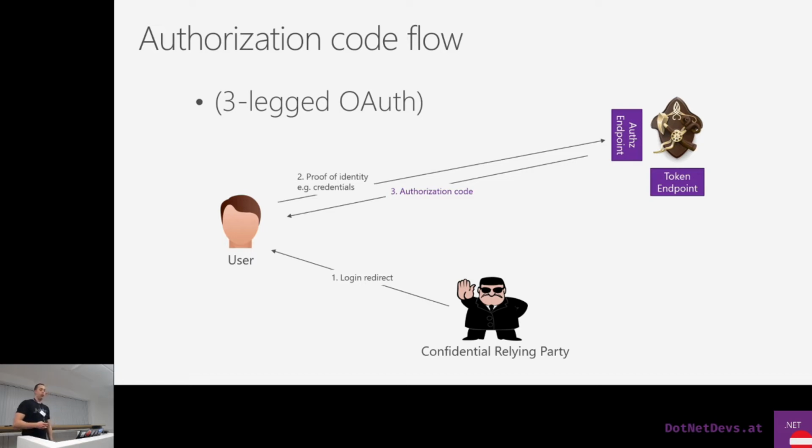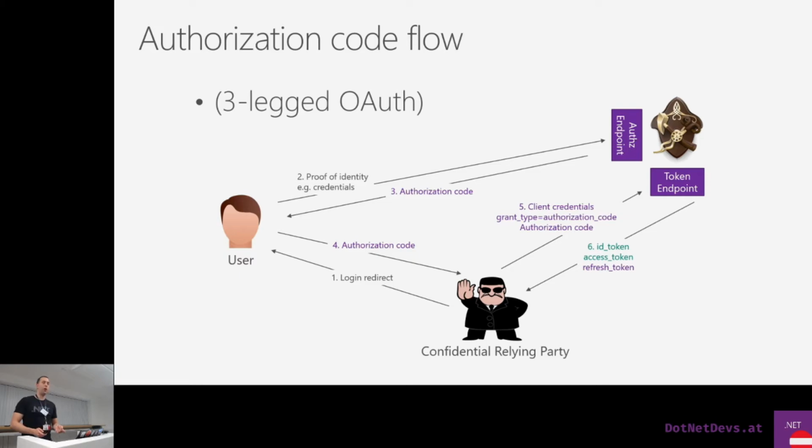Then the authorization endpoint gives back this authorization code, but the user can't actually do anything with that code, right? Because he sends the code to the relying party, and the relying party can use its client credentials that the user doesn't know. This is the client secret that you will get from Facebook or Twitter. And only with this secret, you can exchange this code for tokens. This is also where you would get a refresh token to be able to have a longer connection.